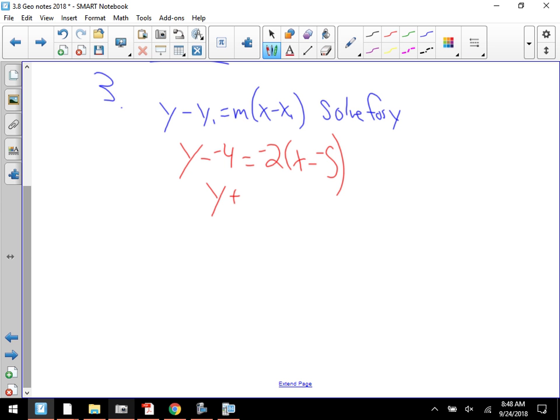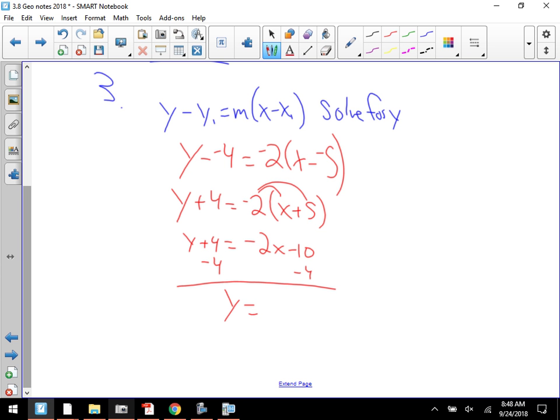Y plus 4 equals negative 2 times the quantity x plus 5. Solve for y. Distribute. You get y on the side. So we have negative 2x minus 10. And then how do I move a positive 4? And you wind up with y equals negative 2x minus 14.